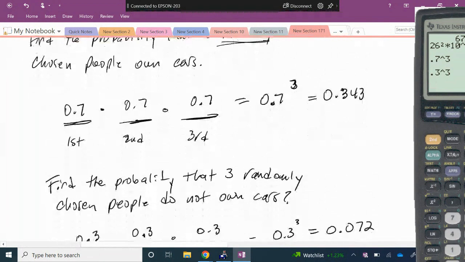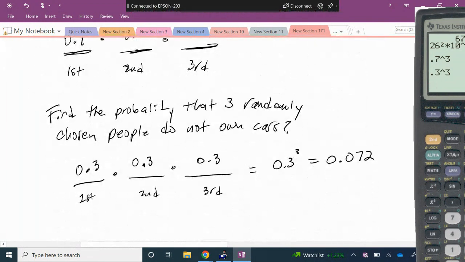And then for the second part, now this wasn't actually on the handout, at least not for this problem, right? But you had to figure out the probability of a person that does not own a car, which was 30%, and then we mapped it out the same way. Okay. All right, any questions about number 5?